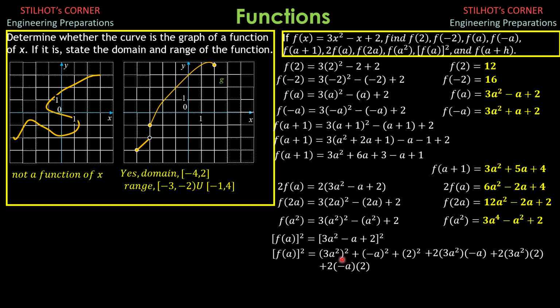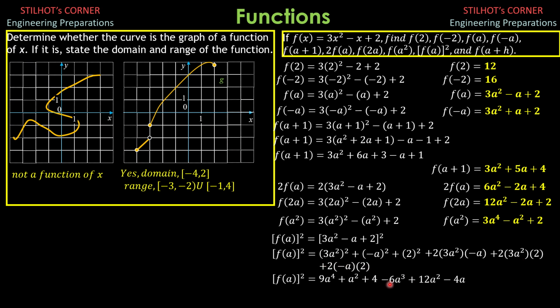So simplifying, this is 9a to the fourth plus a squared plus 4 minus 6a cubed plus 12a squared minus 4a.